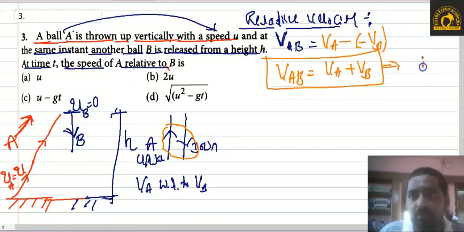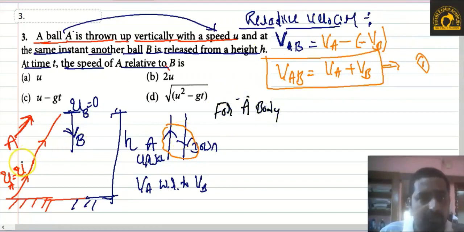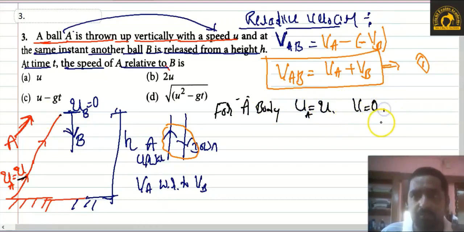Now you have to find the final velocities of both the bodies. Let's take body A first. For body A, the initial velocity is u. You have to calculate the final velocity using the formula v is equal to u plus at.